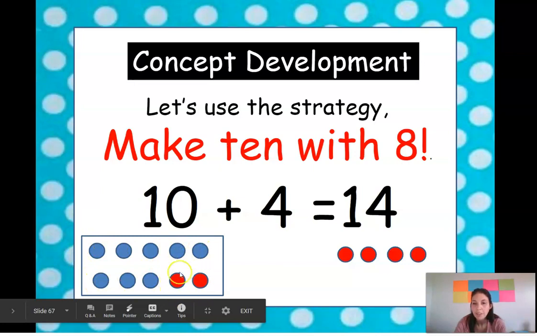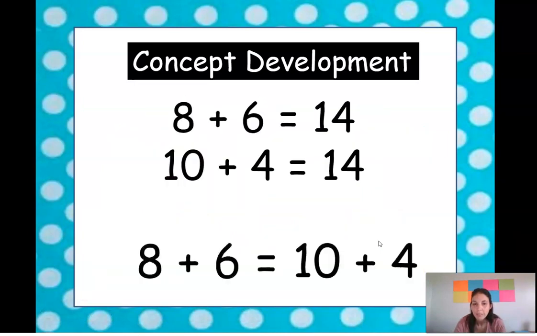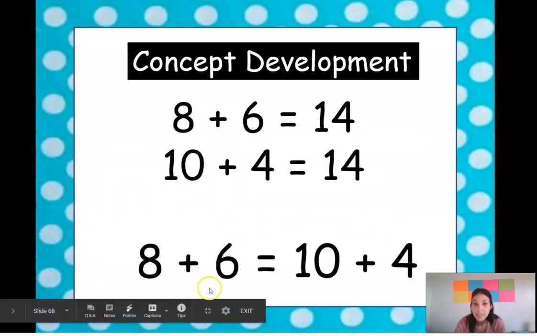When we have 8, it's 2 more to get to 10. So we took 2 over here to make 10, and now we have 4 left. 10 plus 4 equals 14. 8 plus 6 equals 14. 10 plus 4 equals 14. So these two equations equal each other.